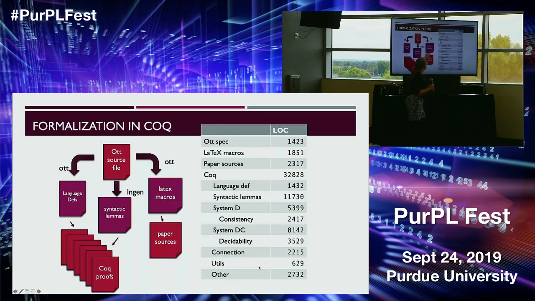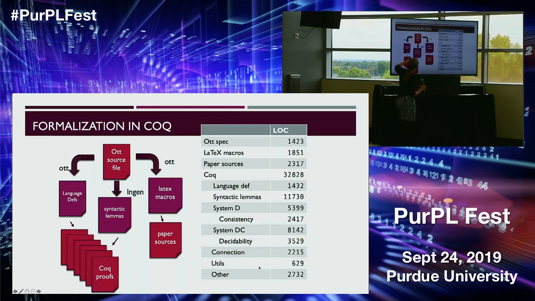It means that you don't have typos in your paper, because when your paper has a rule that comes from here, you've proven that that rule is the right rule. Just like Phil was talking about, it's really great to work with literate code. This is another way to make your code literate, maybe a little bit more roundabout.